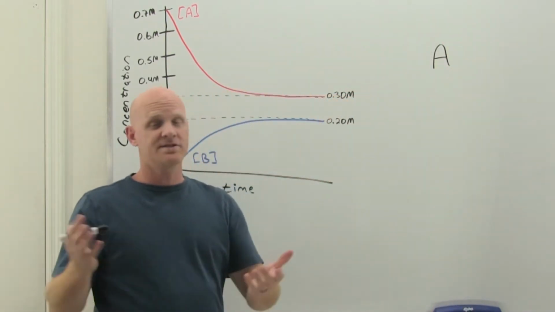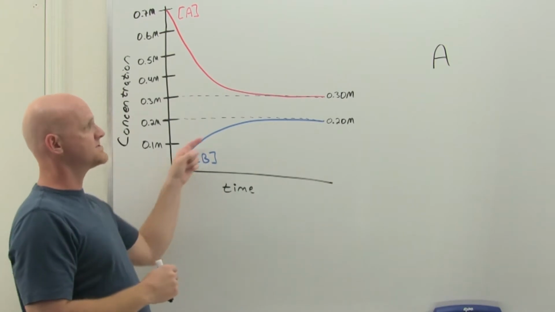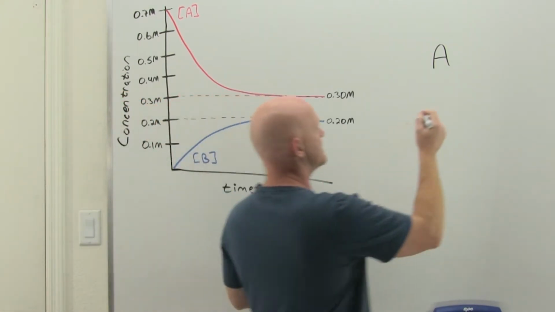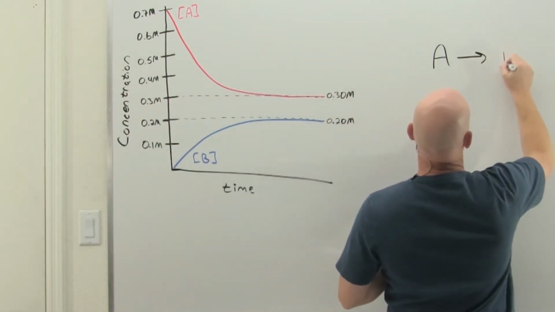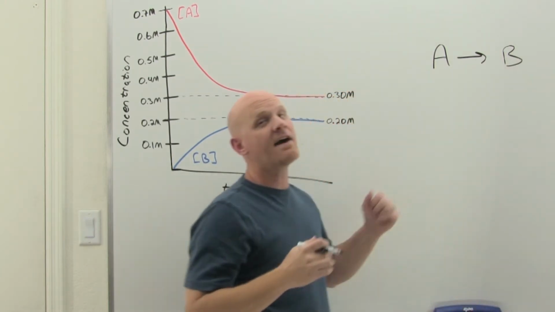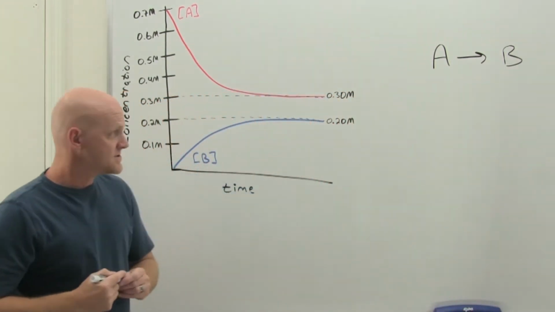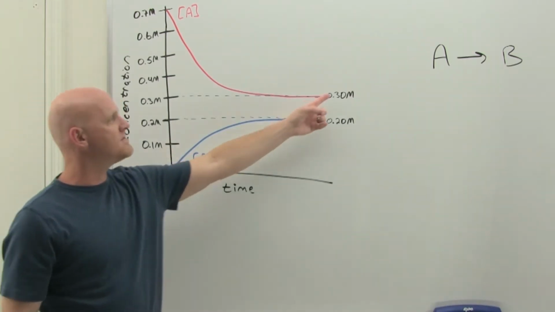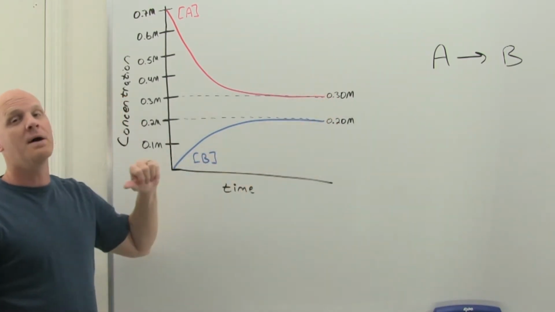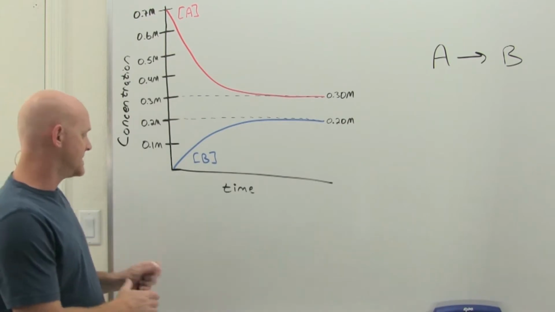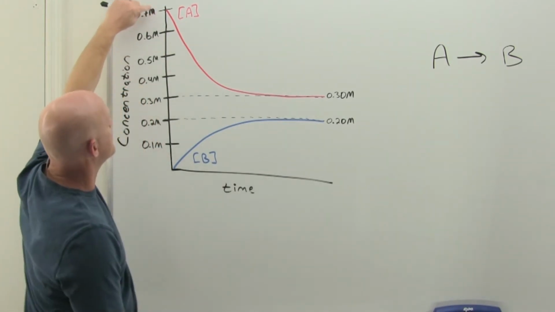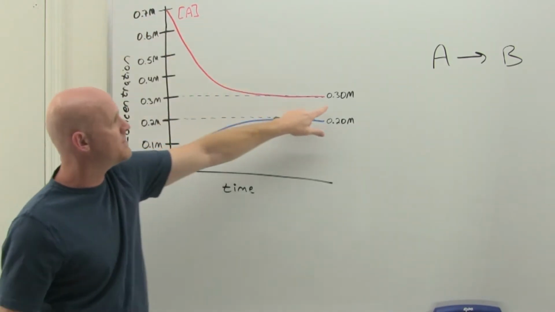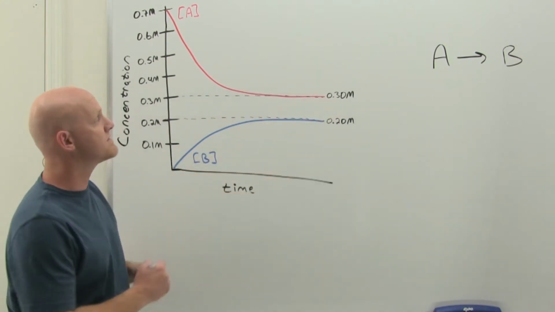And then, who's got a concentration that's going up? Well, that's B. And so B is the product in this reaction. So here I've got A going to B, but that's not going to be good enough here, because it's not a 1-to-1 ratio. You can tell not by where they end up, but by how much they change by. If you look at this, A starts out at a concentration of 0.7 molar and ends up at 0.3 molar.